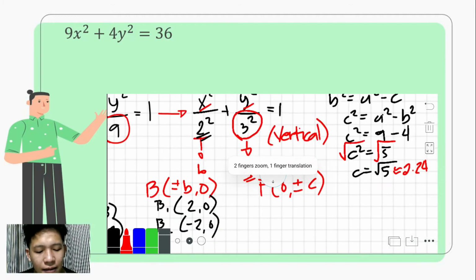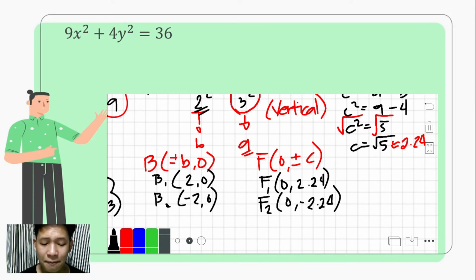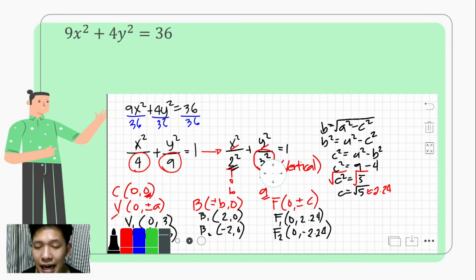So hence, the coordinates of our foci would be at 0, positive 2.24. And then our second focus would be at 0, negative 2.24. And then, using all the coordinates of the necessary points on our ellipse, then we can actually graph the ellipse.